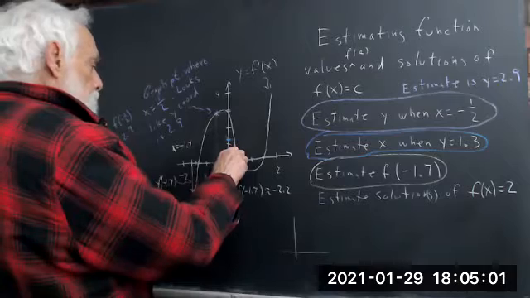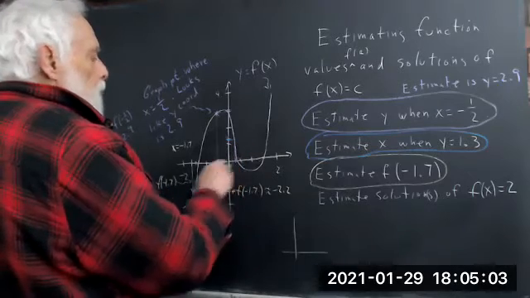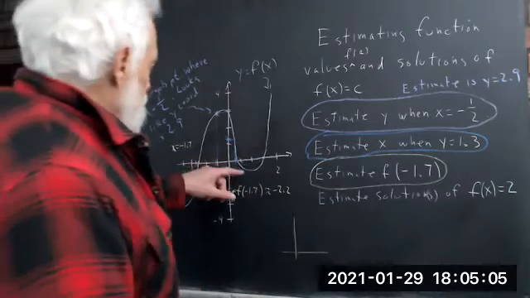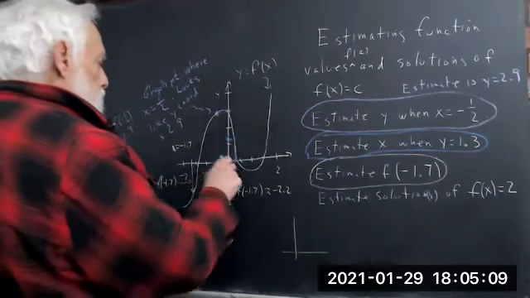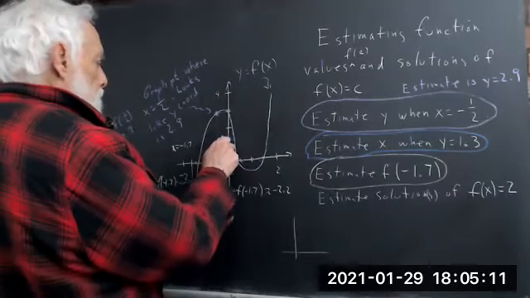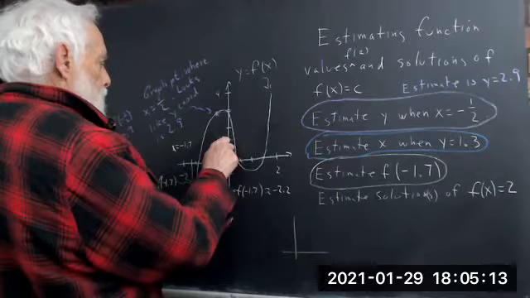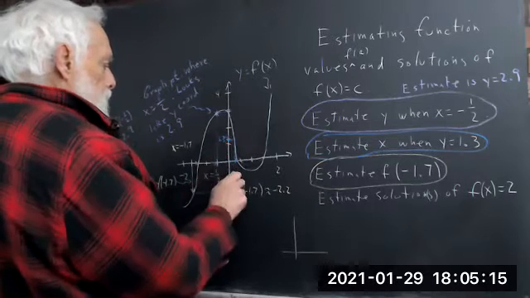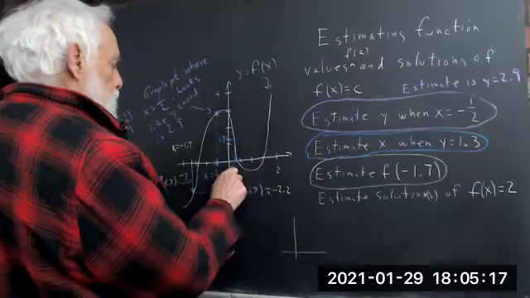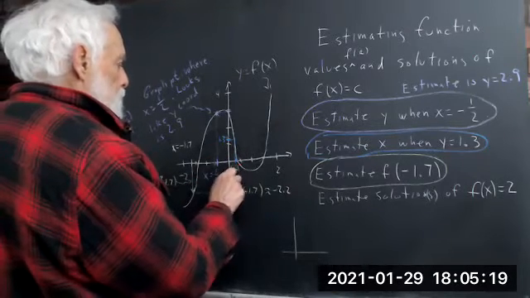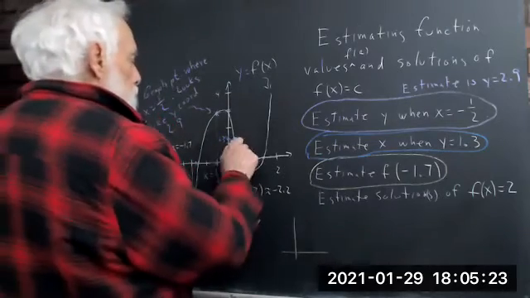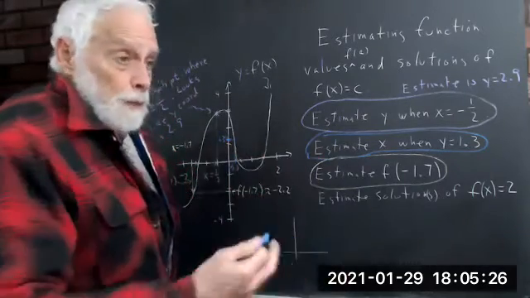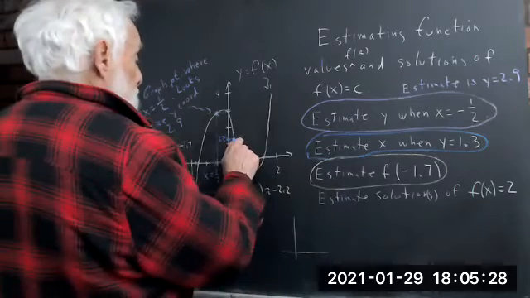So we could do this projection and we get one of our answers. That looks like about 0.3. So this is about 1.3 and this is about 0.3 here.